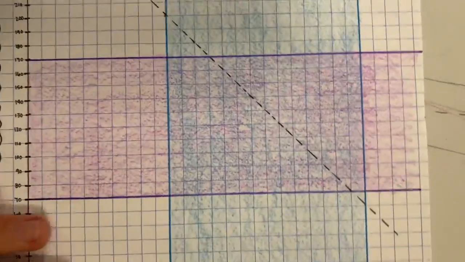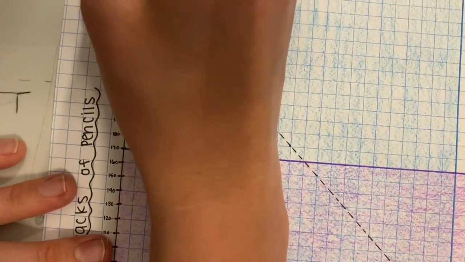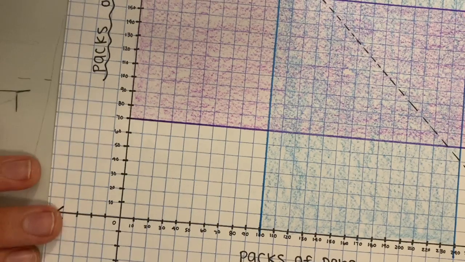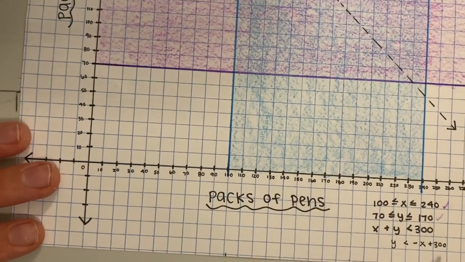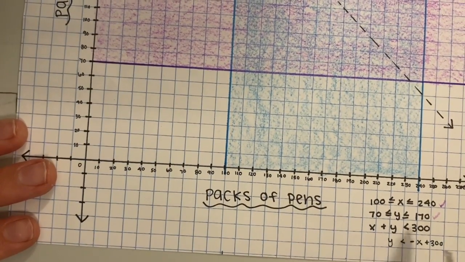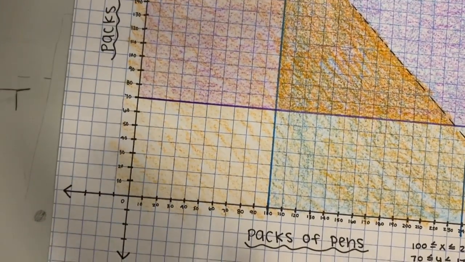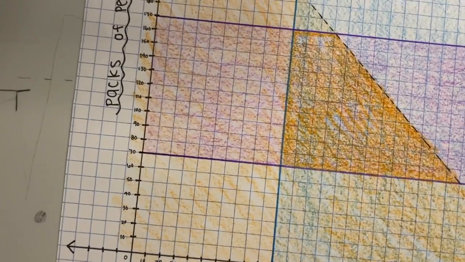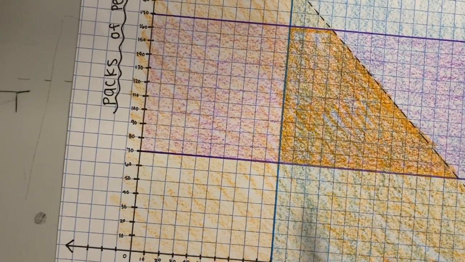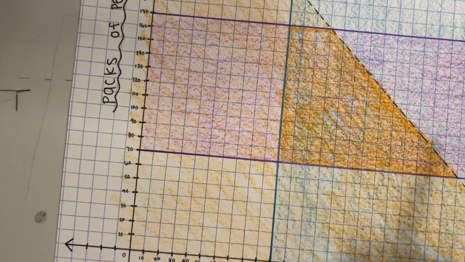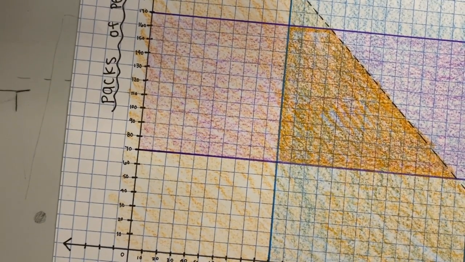It's not inclusive, it is exclusive, and it's a less than sign. So we're going to shade below. So I darkened the portion that satisfies all three inequalities. This little shape right in here keeps all of our inequalities true.